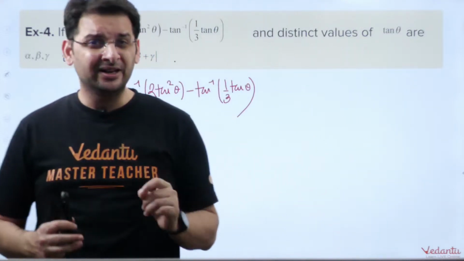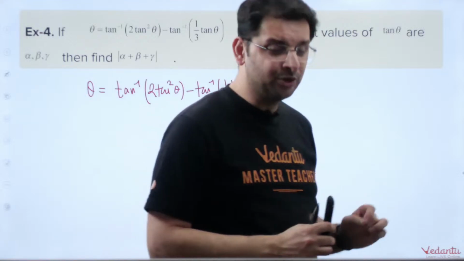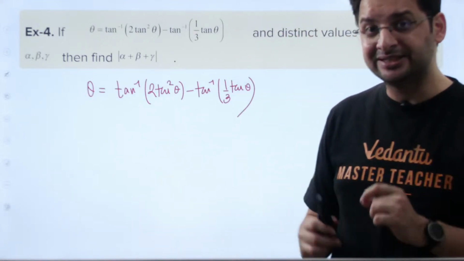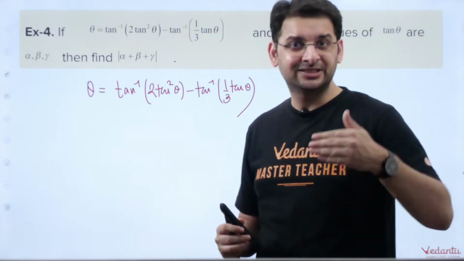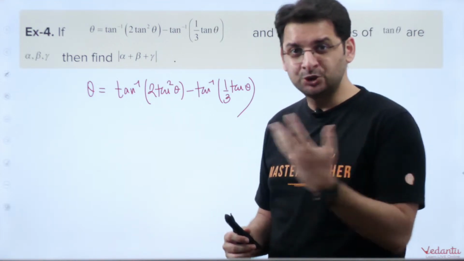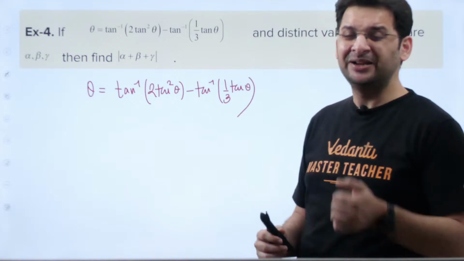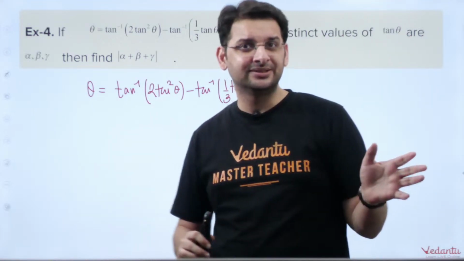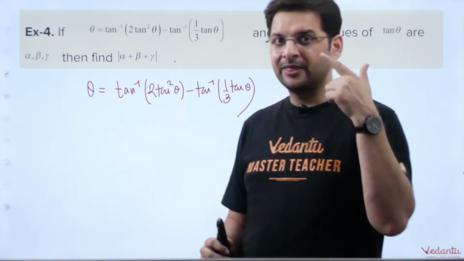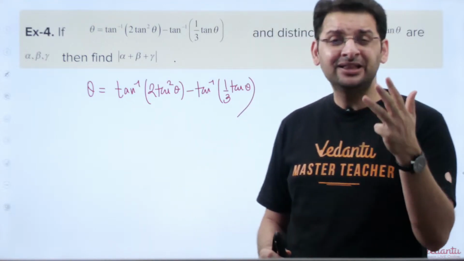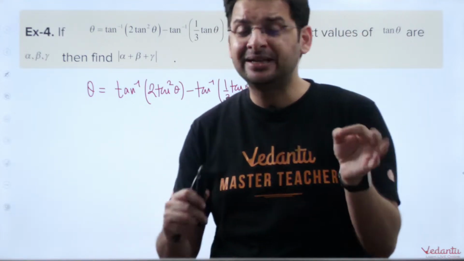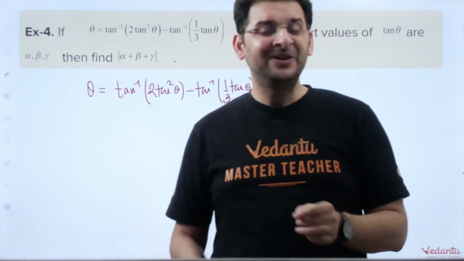Inverse trigonometry particularly has come a lot in recent times. And if this concept is very clear, this should give you some confidence. There are certain chapters: inverse trigonometry, binomial theorem, differential equation, vectors 3D. These are the 4-5 chapters which have very limited syllabi.